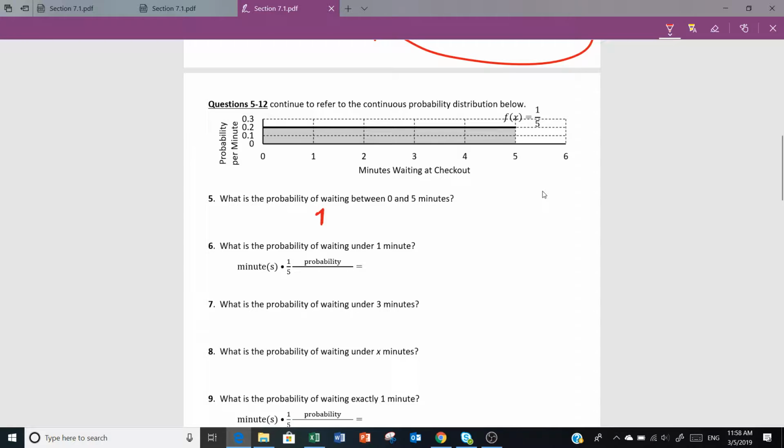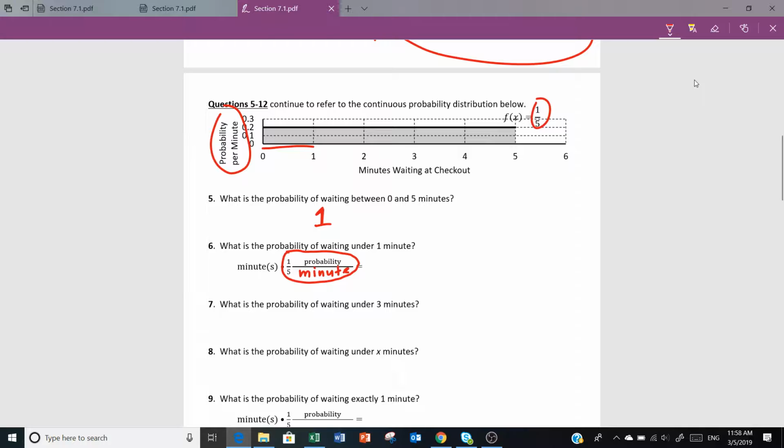Okay, the second one is a little bit more confusing. This 1/5 goes together with this over here. This 1/5 is probability per minute. So it's probability on top, and what's on the bottom? It's probability per minute. And waiting under 1 minute, well, that's anywhere over here from 0 to 1. How many minutes is between 0 and 1? 1, very good.